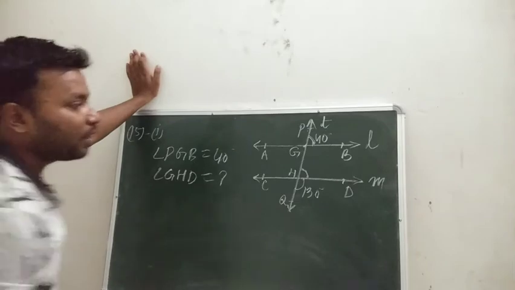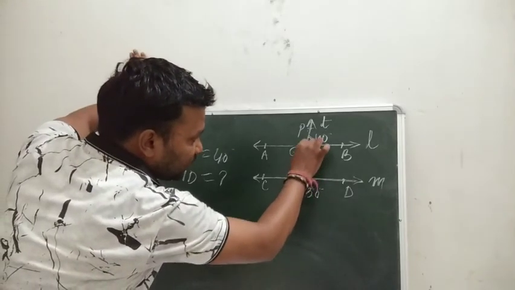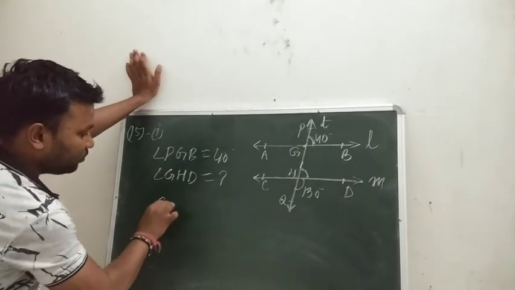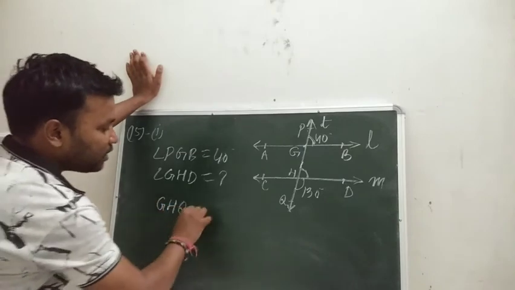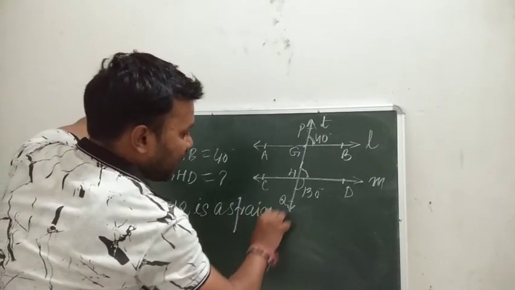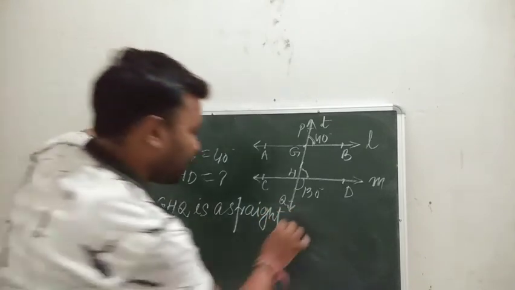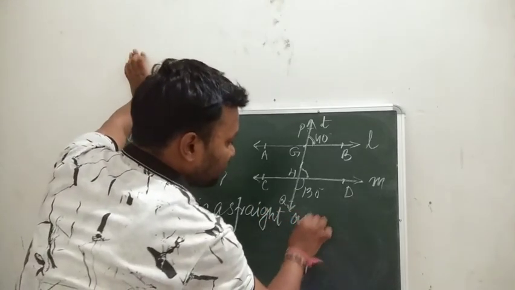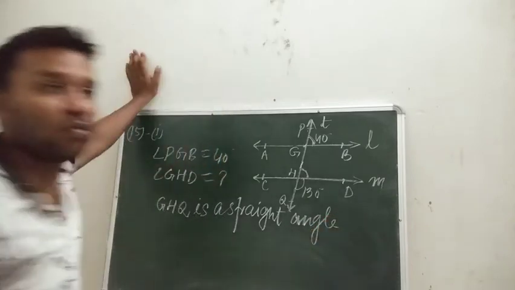Now students, we can see here GHQ is a straight line, and the angle made on a straight line is always a straight angle, and the value of a straight angle is always 180 degrees.